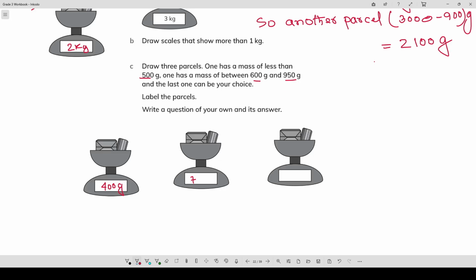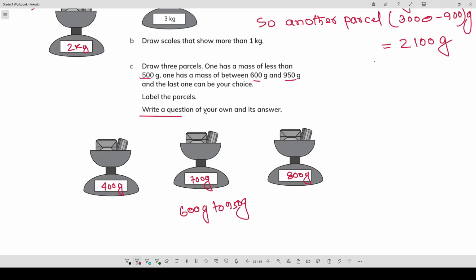So we can write 700 gram. And the last one, you can choose your own. So in this case I can write 800 gram.